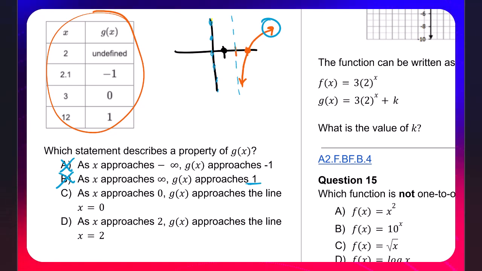As x approaches 0, x does not approach 0. As x approaches 2, yes, x does approach 2 from the right side. It keeps approaching. It's getting closer and closer. This is x equals 2. It's getting closer to it. And that's the asymptote. So that is definitely advanced, but you do have the ability to answer that question.